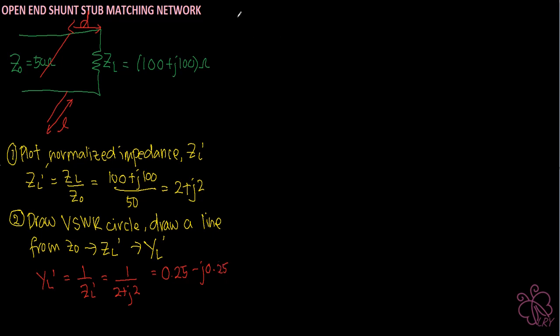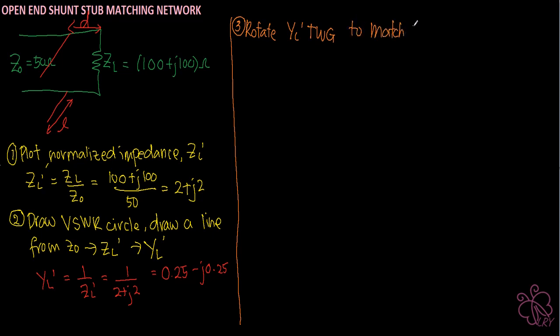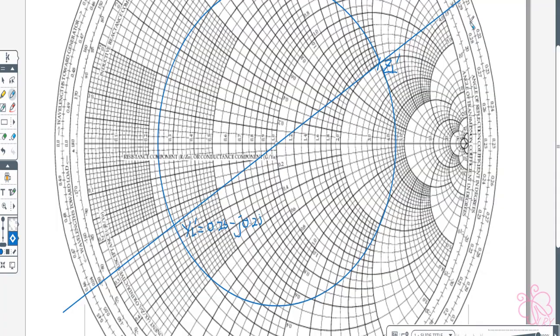Okay, next we're going to rotate our YL prime towards the generator to match the real part. Back to our Smith chart, this is our YL prime.